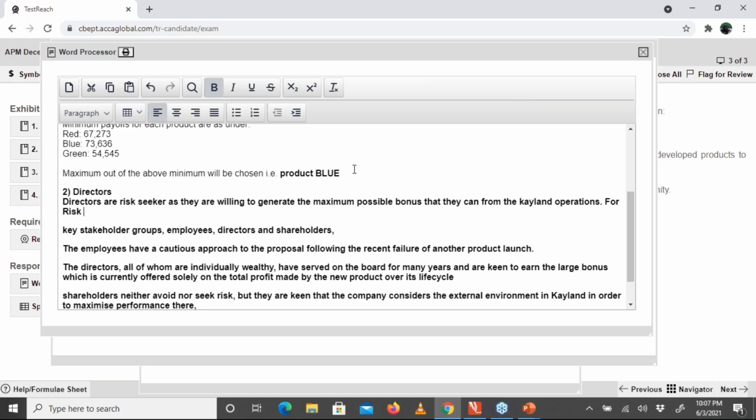For the risk seeking stakeholder group, the Maximax technique gives the best suggestion.